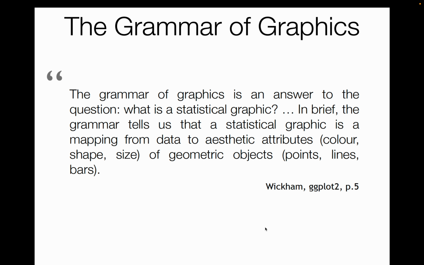We'll see that in a second. Aesthetics are color, shape, size; geometric objects are points, lines, bars. Basically, you're going to specify what type of geometry you want, and it's going to do a lot of the work for you in making a graph.